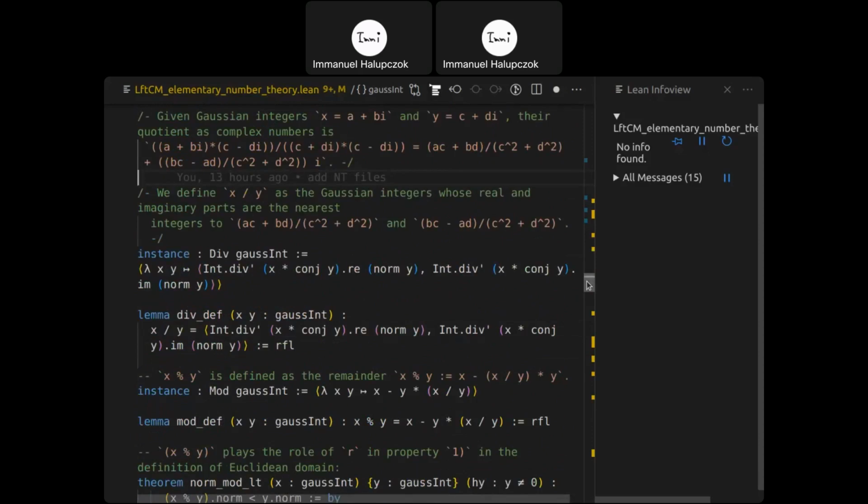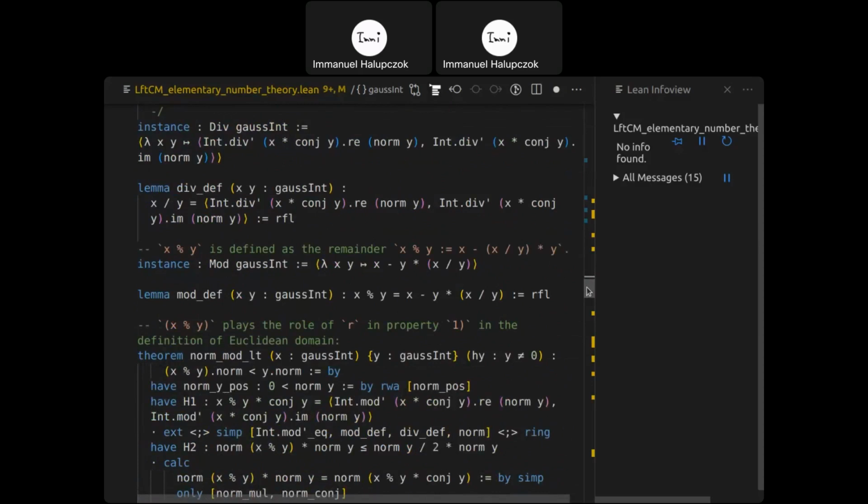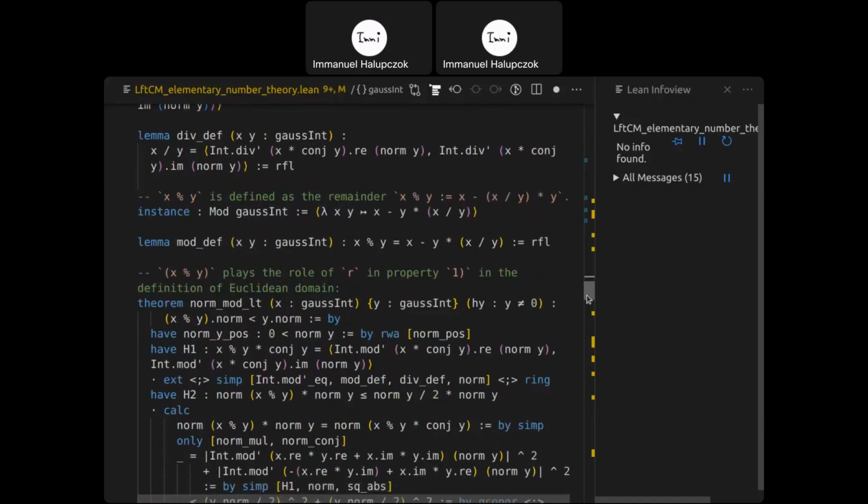Okay, now we know what the quotient is going to be. We also need to know what the remainder is going to be. So the remainder is going to be x minus this quotient multiplied times y. Okay, so now we need to check that with these definitions of quotient and remainder, the properties of being a Euclidean domain are satisfied, right?